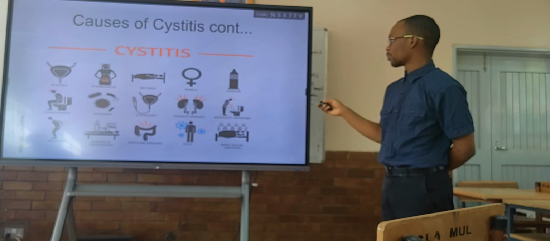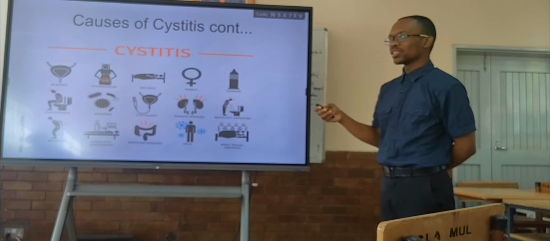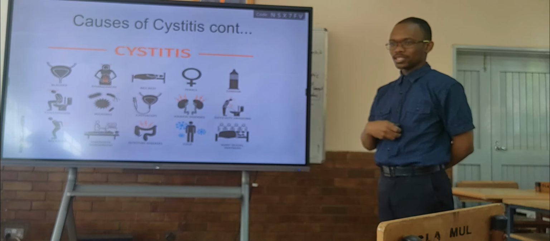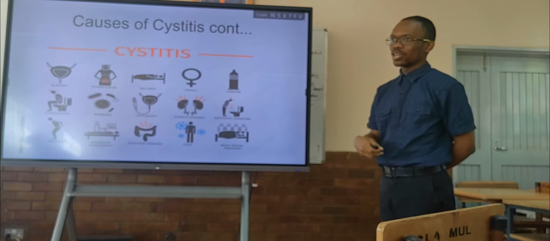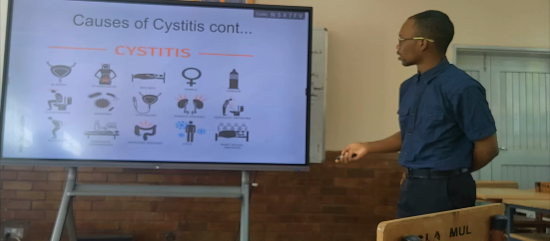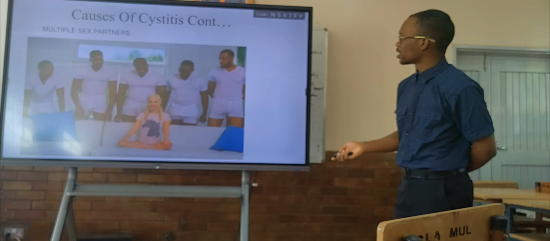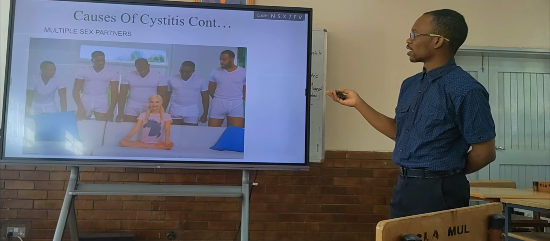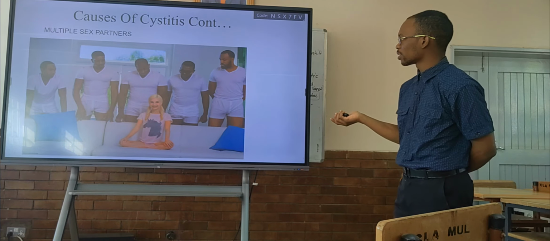For the GIT, we do know that there are bacteria that can go to the urinary tract. And also the issue of many sexual partners. This is an example of multiple sexual partners that can get urinary tract infections.